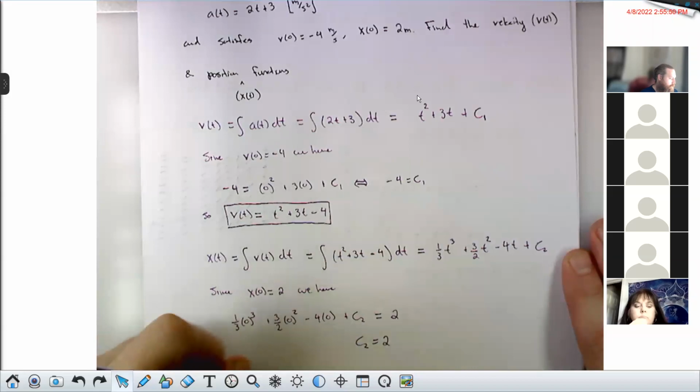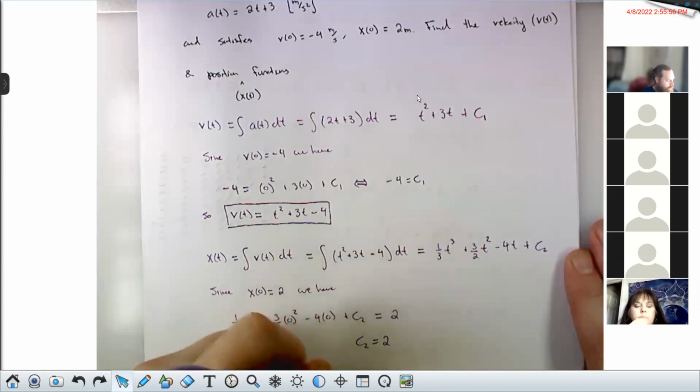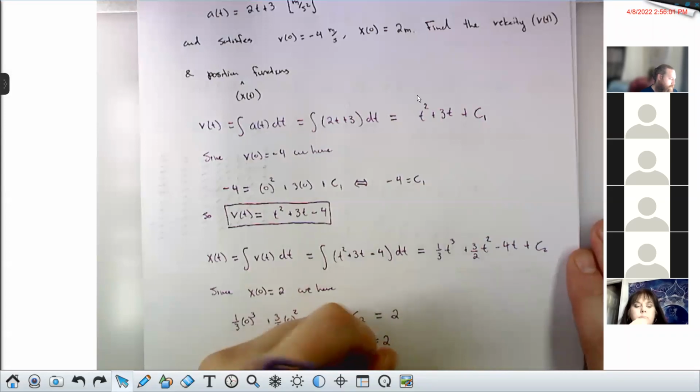So my position function is 1/3 t cubed plus 3/2 t squared minus 4t plus 2.